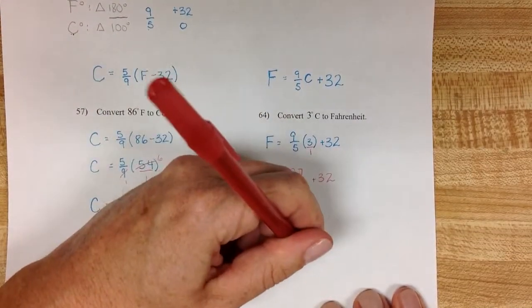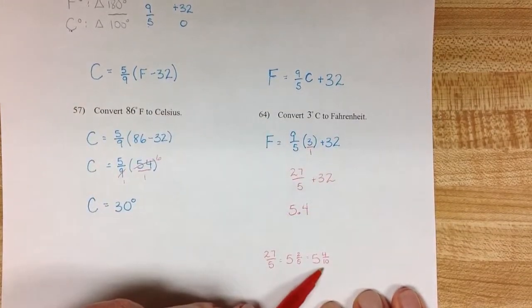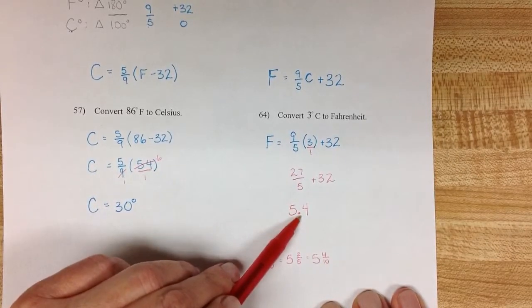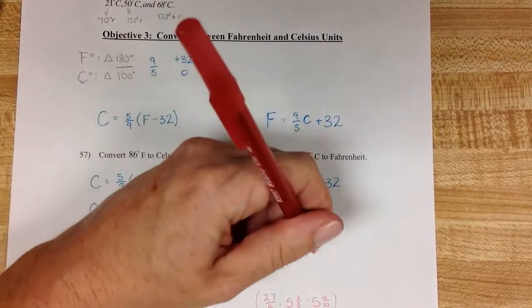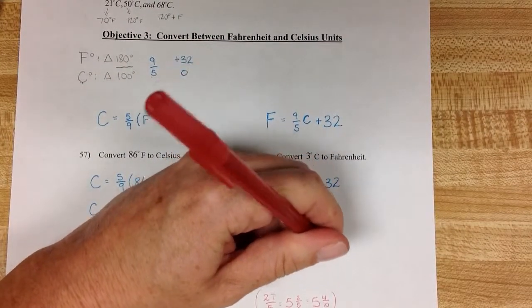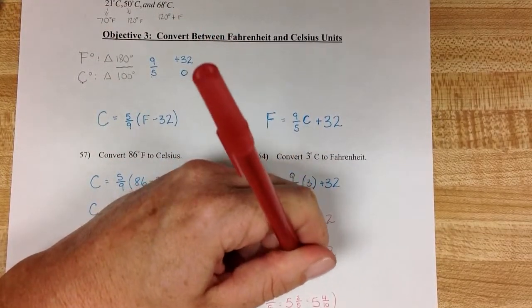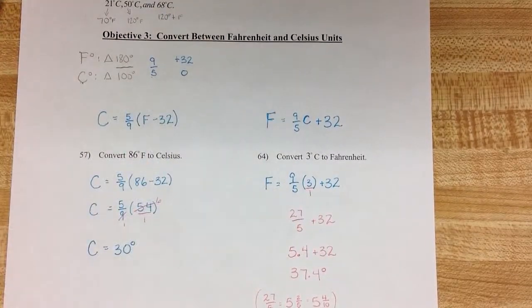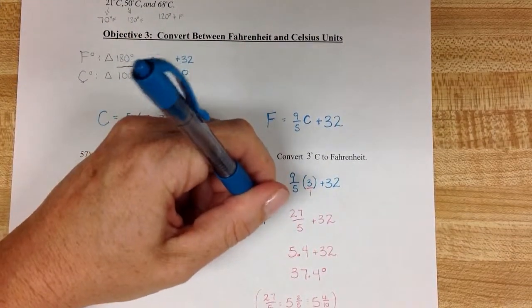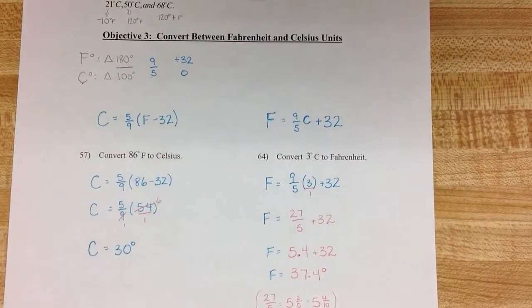And that 2/5 is the same as 4/10. And I can write the fraction 4/10 as a 0.4. There's your little aside for that. And then 5.4, when I add it to the 32, is going to give me a total of 37.4 degrees for my Fahrenheit temperature.